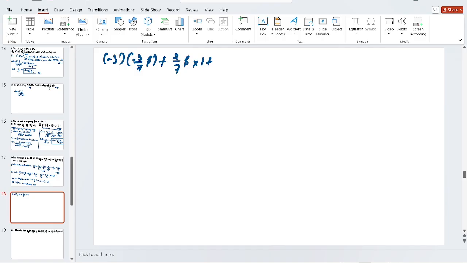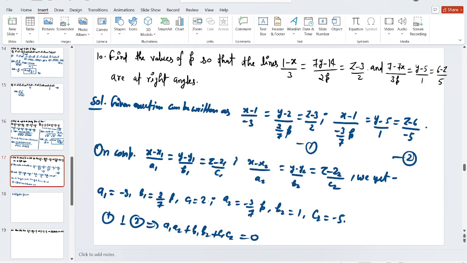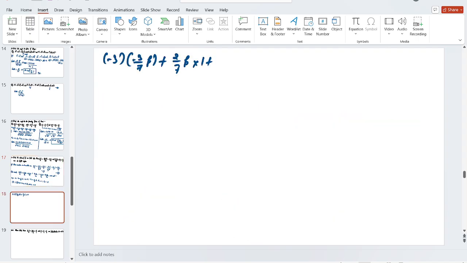And what is c1? c1 equal to 2 and c2 equal to minus 5. This is an important question for you. Okay, so it becomes 0. This is what? 9 by 7 of p plus 2 by 7 of p. Okay, this is 2 times minus 5, it becomes minus 10, equal to 0. Okay, if you simplify, you get what?